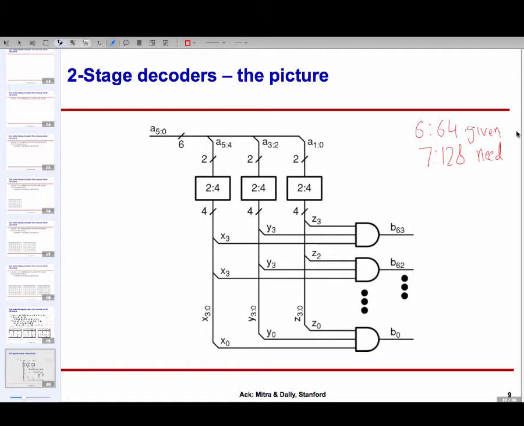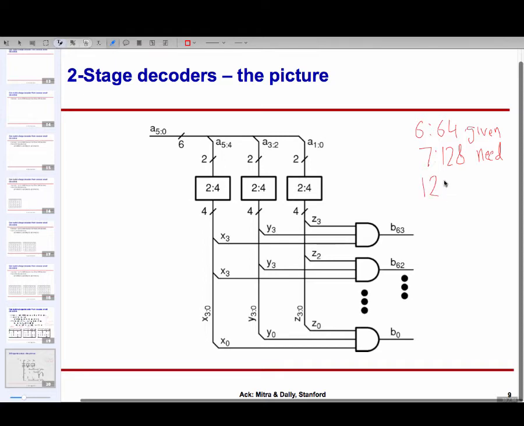The strategy here would be: I have a 7-bit signal. I can take the lower 6 bits and feed them into the 6-to-64 decoder, and then I have 1 bit left over, and I can form every possible combination of this 1 bit with the 64 signals I have. I'm going to walk you through an example, but let's take an easier one first.